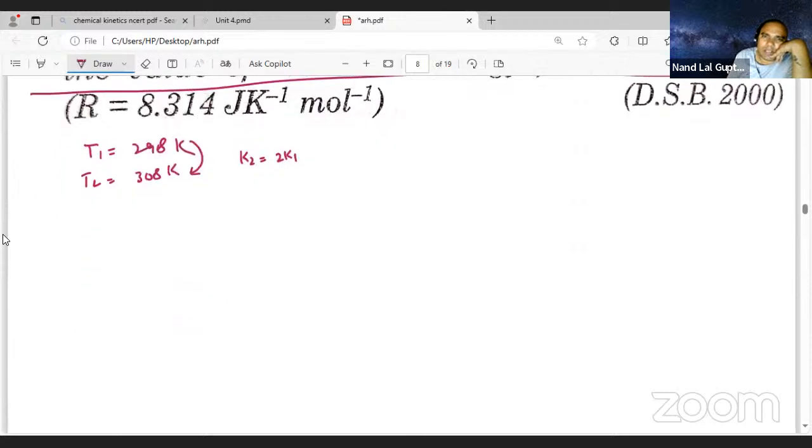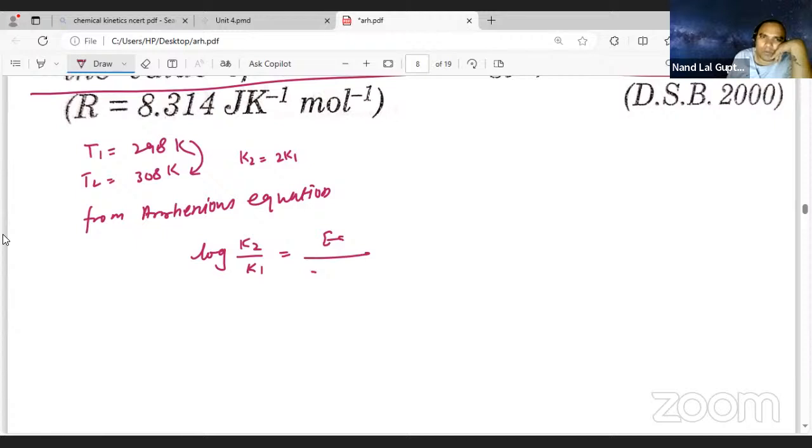So from the Arrhenius equation, what is the Arrhenius equation, student? This is log K2 upon K1 equal to activation energy upon 2.303 R, times T2 minus T1 divided by T1 T2.